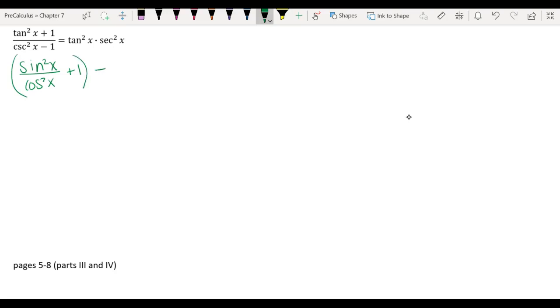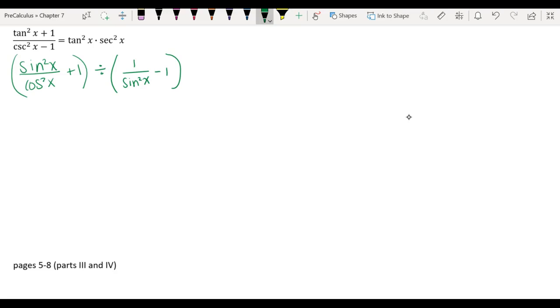I'm going to put that in parentheses, and then I'm going to write my division like this. Because whenever I have multi-level fractions, I like to change it into this other division sign. So then we have cosecant, so that's going to be 1 over sine squared of x minus 1. And I'm just going to remind you, this 1 on top actually did get squared, but 1 squared is still 1.